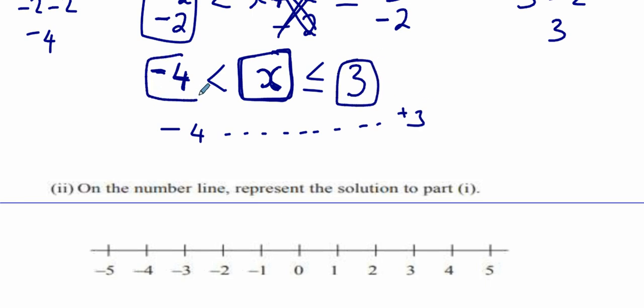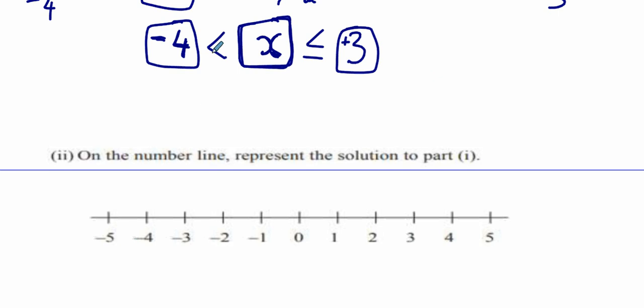So if we want to show this solution on a number line, there is no problem. What you have to remember is less than, open circle, less or equal, closed circle. Can you see this?